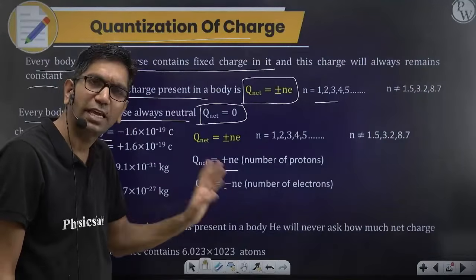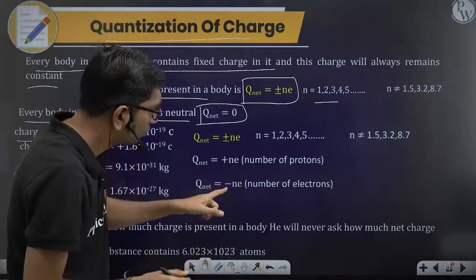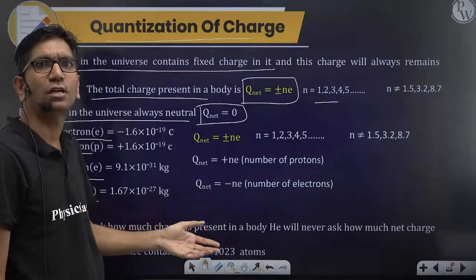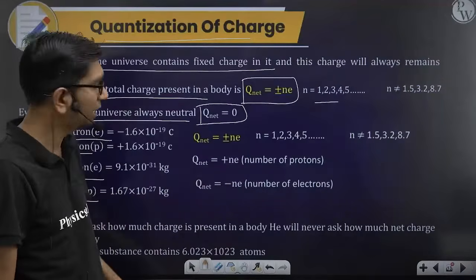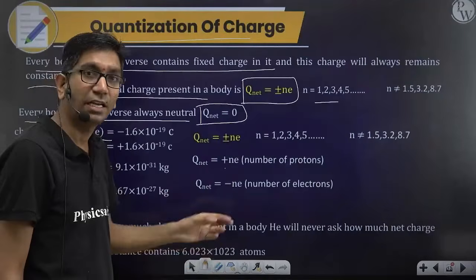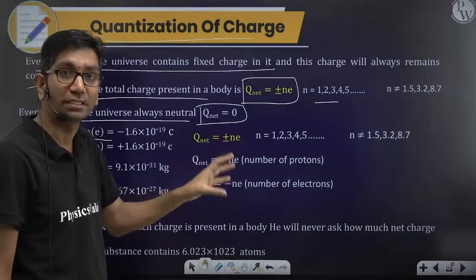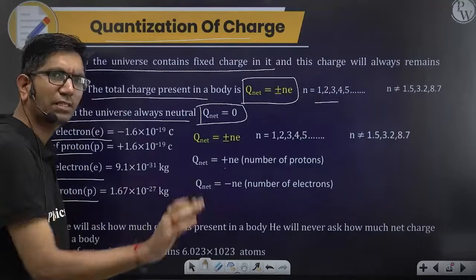Same question, you have to calculate the electrons now. Just put the minus symbol here. If you put the minus symbol, it gives the number of electrons present in that water. Is it clear? If you write the positive symbol, it indicates the number of protons present inside that water. That's it, beta. Just the plus and minus signs change.